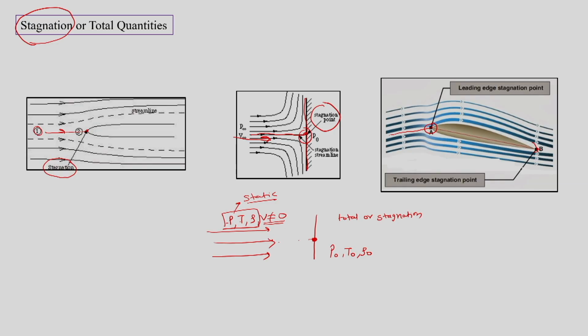Now, we are supposed to find the values of stagnation quantities if we know the static quantities, or the other way, we are trying to find the relation between static and stagnation quantities. Such relations are called isentropic relations. So, let us take the energy conservation equation for the one dimensional case, which says that H1 plus V1 square by 2 is equal to H2 plus V2 square by 2, where the flow is flowing between station 1 and station 2.